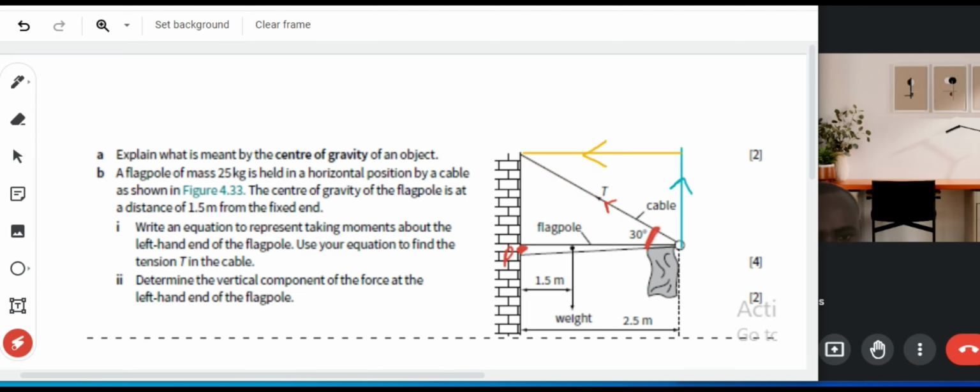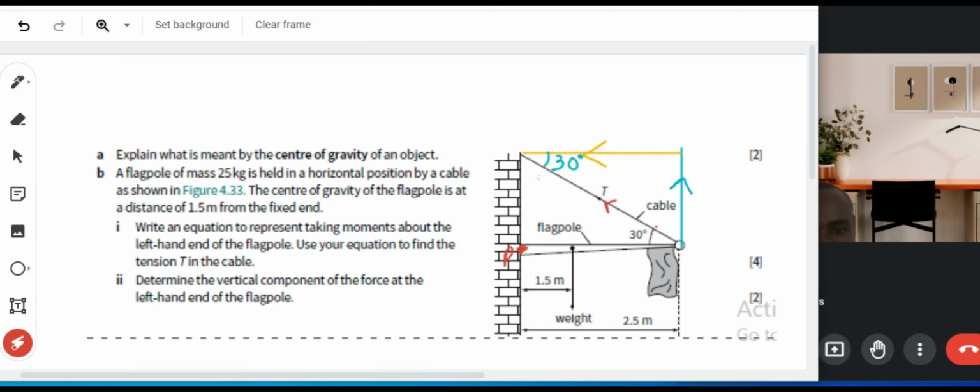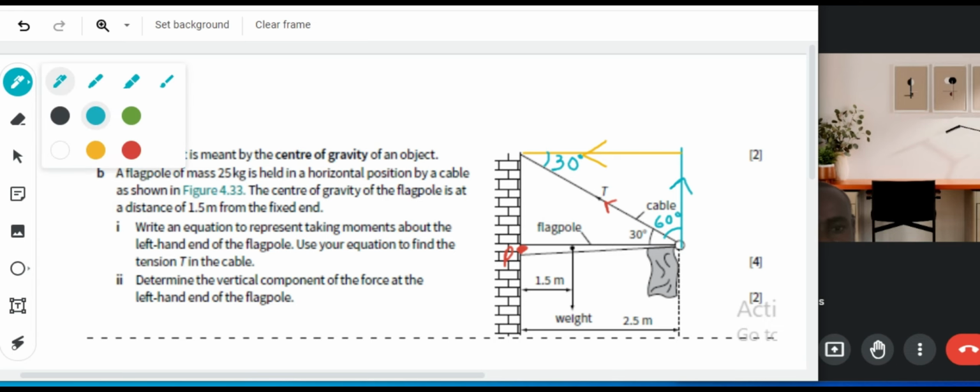Now if this is 30 degrees, that means here is the 30 degrees. By alternate angles, this is 30, this is 30. We can as well call here 60 degrees if you like. So we'll be able to find this and find this by resolution.